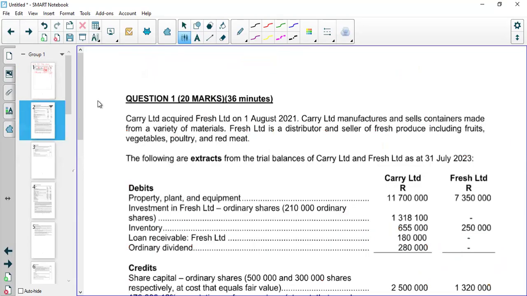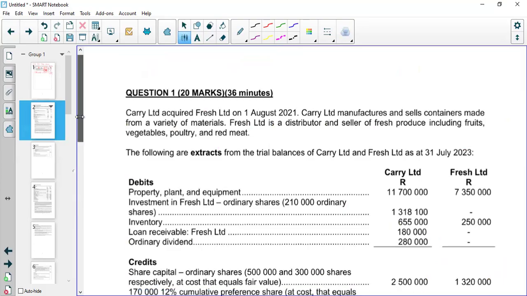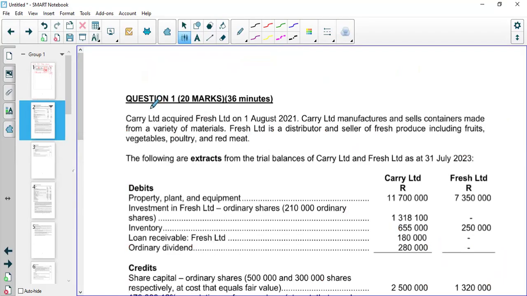So your standard paper in the examination also. Assessment 4 was the equivalent of an exam paper. So this is assessment 4 for 2024, the equivalent of an exam paper.